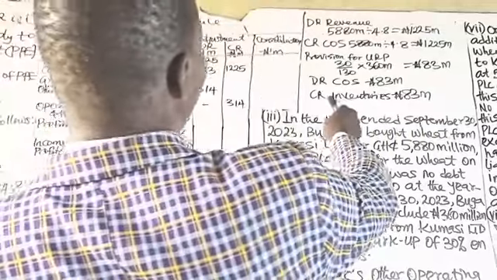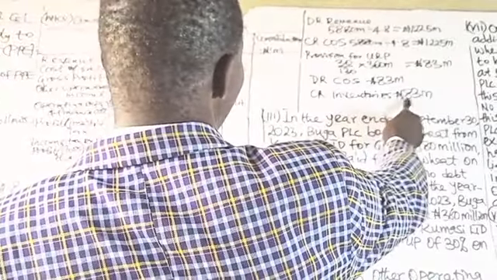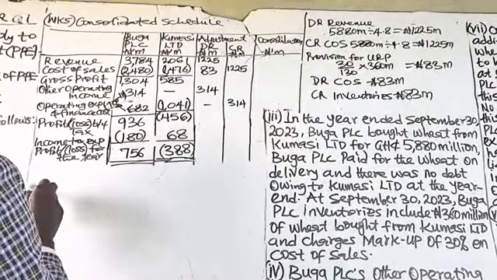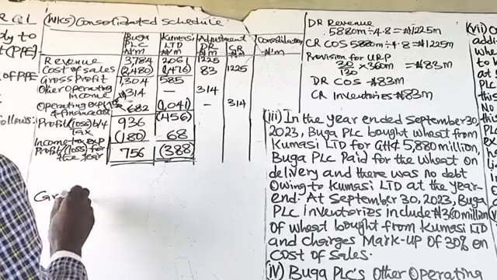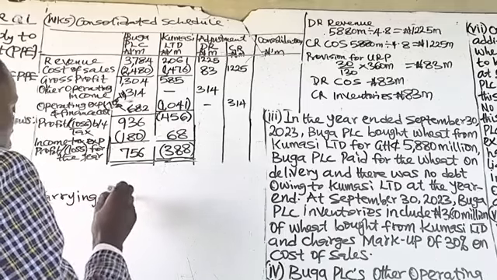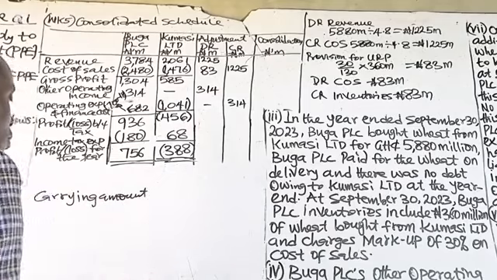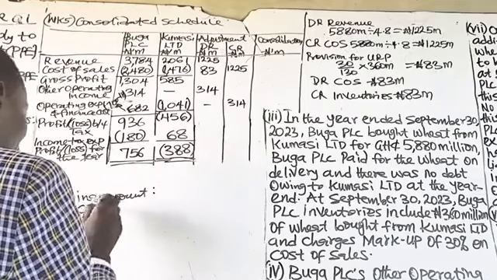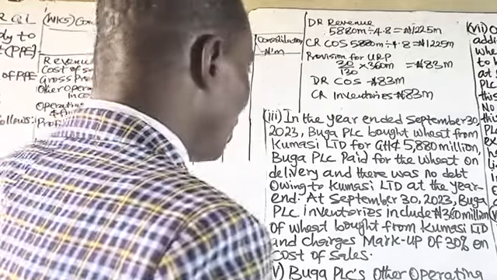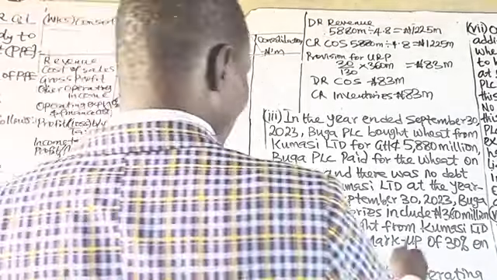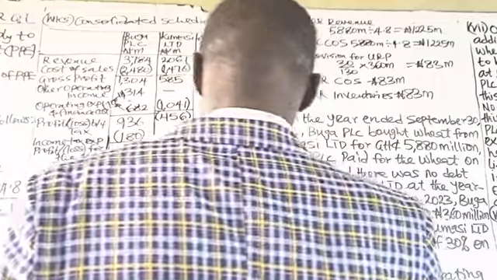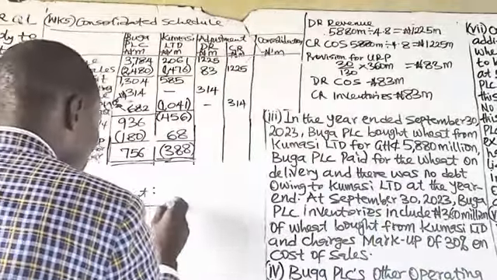Remember, we said the unrealized profit of 83 million will be deducted from the inventory. The carrying amount of the inventory: you have the cost of the inventory, which is 360 million. This is the amount that is still included in the inventory, 360 million.